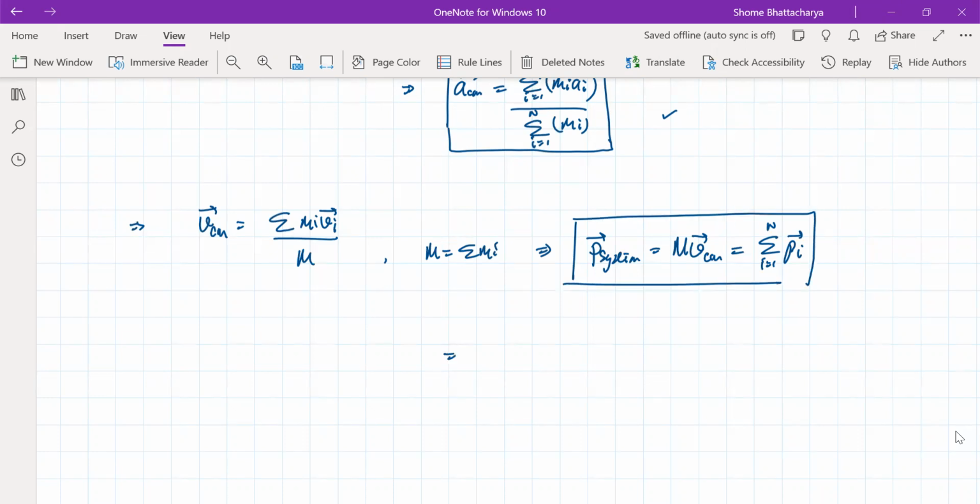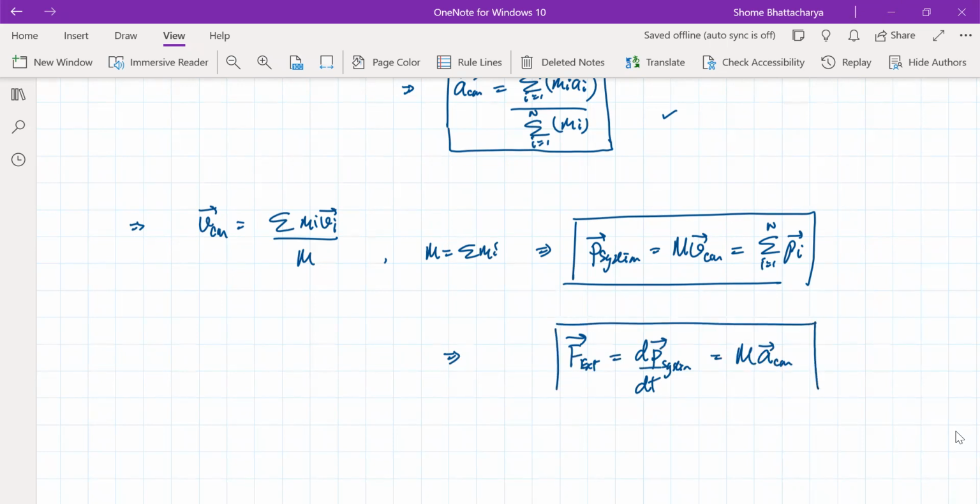And then on differentiating this, we get that the net external force acting on the system is equal to the rate of change of its momentum, which can then be written as total mass into acceleration of center of mass, because total mass is constant. So this comes by differentiating this above term. In this you see that this is the net force acting on the ith particle, and then summation over all forces acting on all particles leaves you with the net external force.